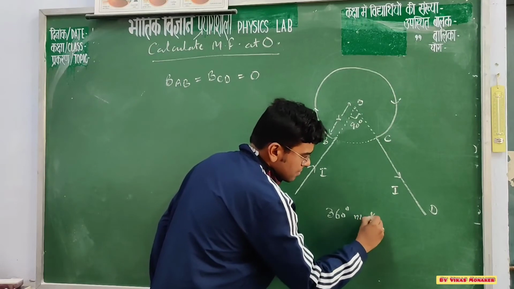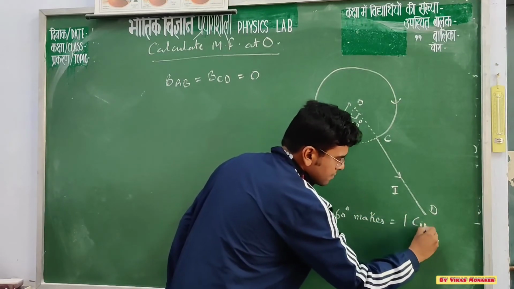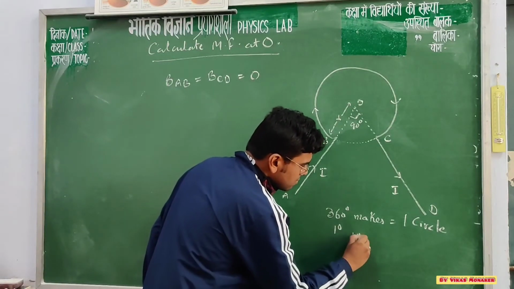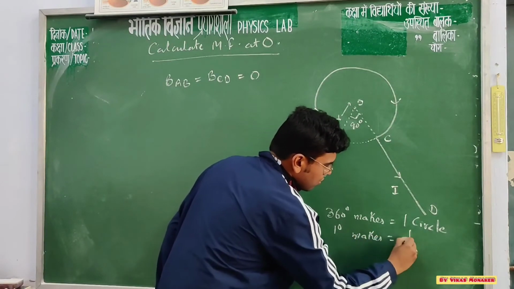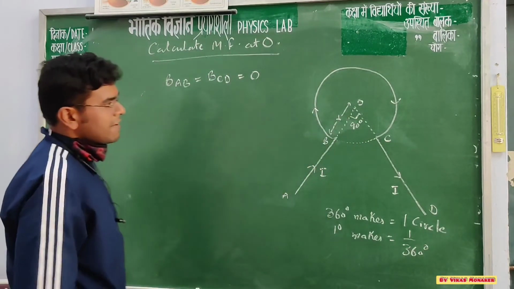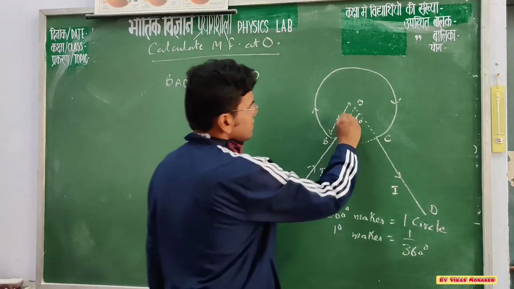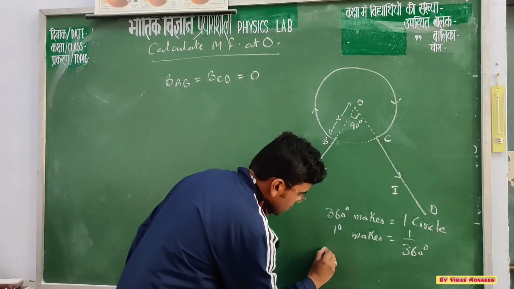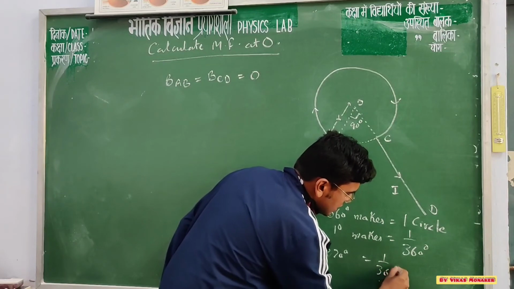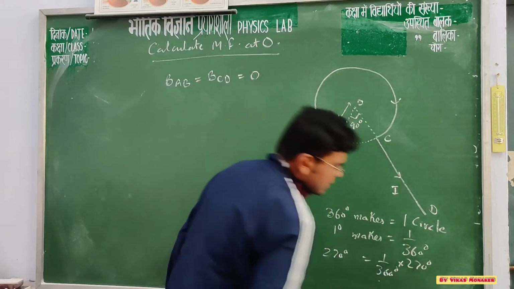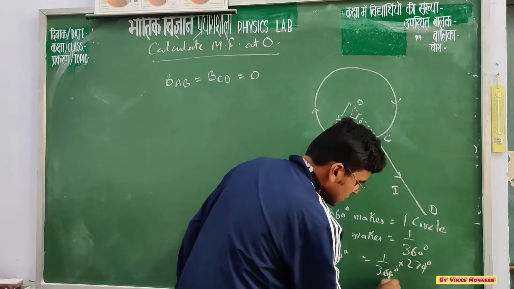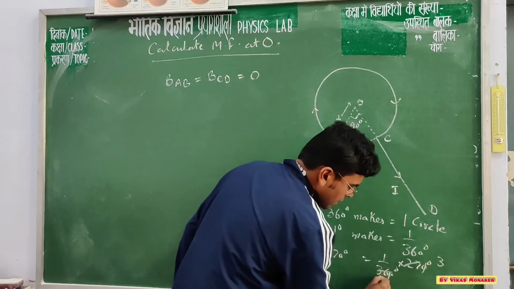360 degree makes one circle. So 1 degree makes 1 upon 360 of the circle. And what degree is left? This is 270 degree. So 1 upon 360 into 270 degree. If we divide by 9, the 0 and 0 cancel. 3 and 4.